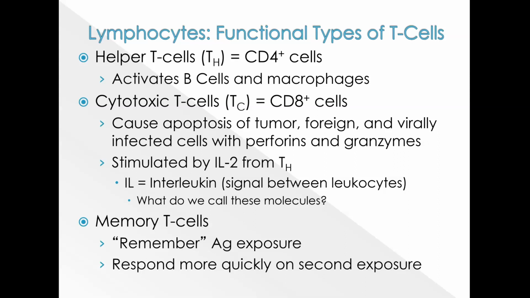They also stimulate macrophages to become even more phagocytic and basically ramp up their efforts to clear this infection. So even though it sounds like they just help, they kind of push people to do more things. They are absolutely crucial for our immune system to function.